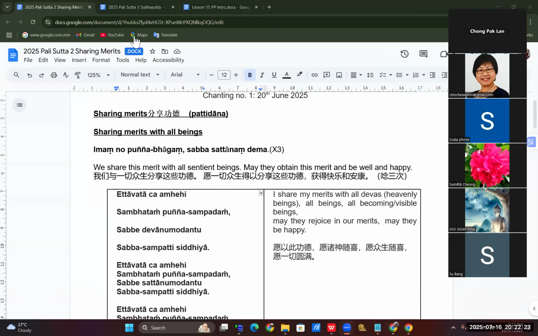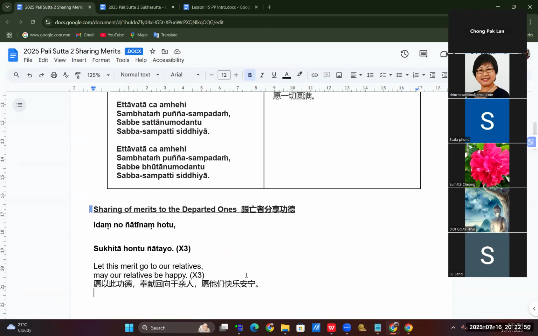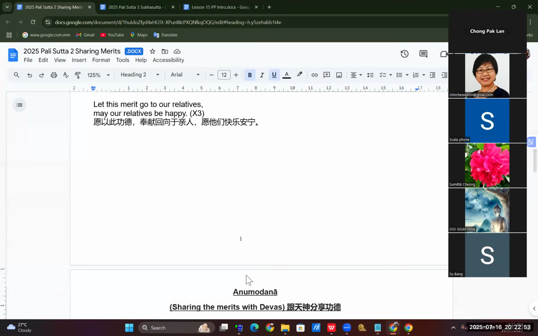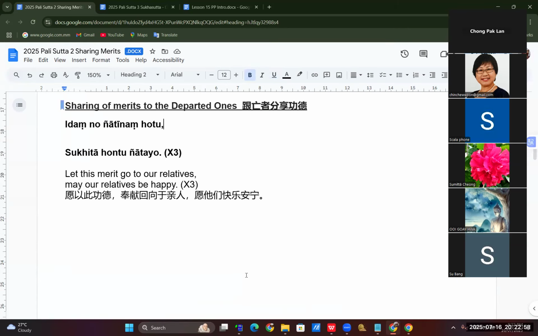Etawatacha amhehi sambatang punya sampadang, sabbe satta numodantu sabba sampati siddhya. Sharing merits with the departed ones. Idam no yati nang hotu sukita hontu yatayo.